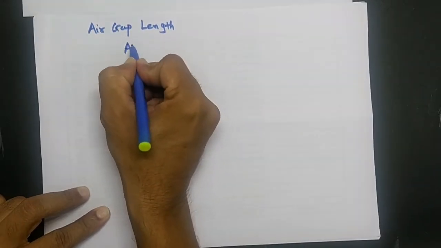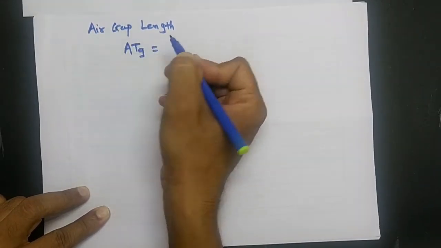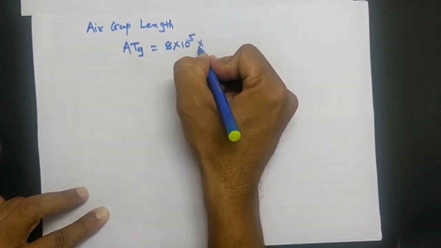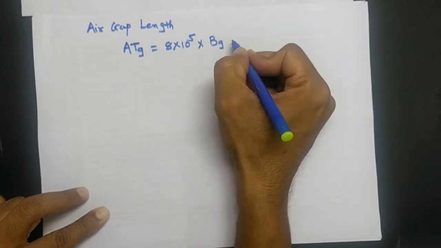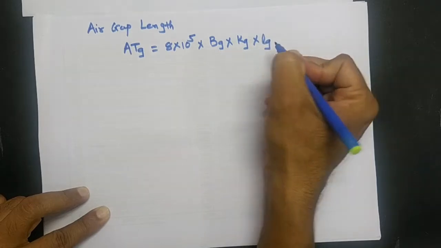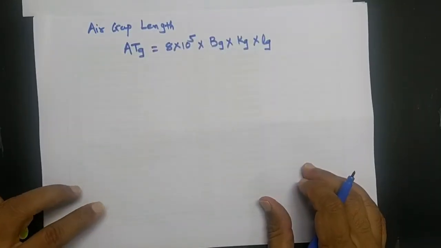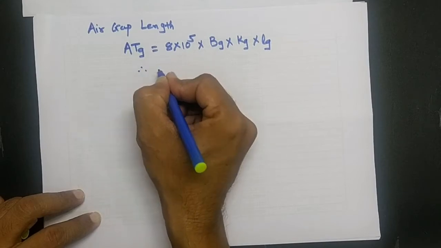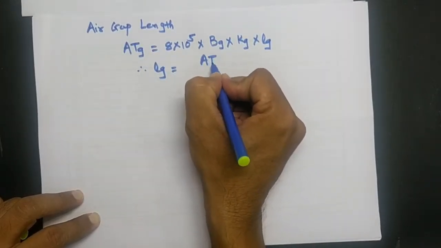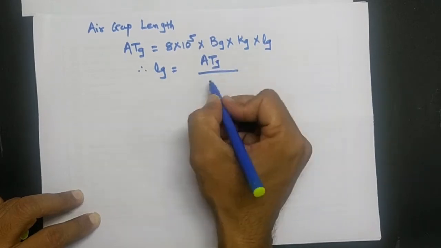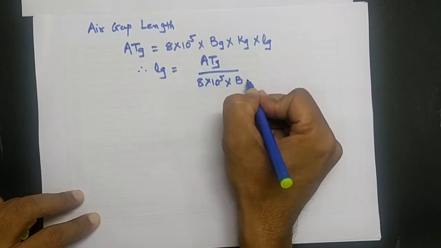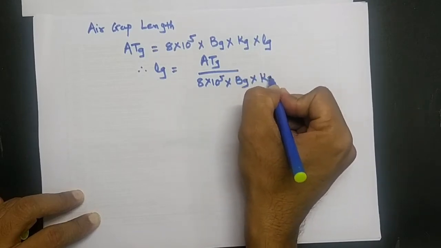We know the equation ATg equals 8 multiplied by 10 raised to 5 multiplied by Bg multiplied by Kg and multiplied by lg. Based on this equation we can easily calculate the air gap length, that is lg equals ATg divided by 8 multiplied by 10 raised to 5 multiplied by Bg and multiplied by Kg.